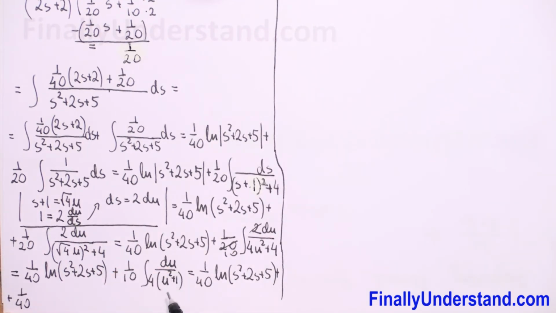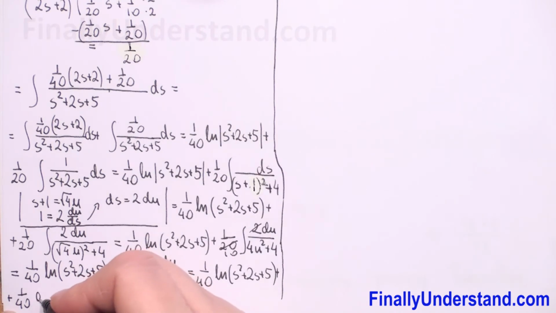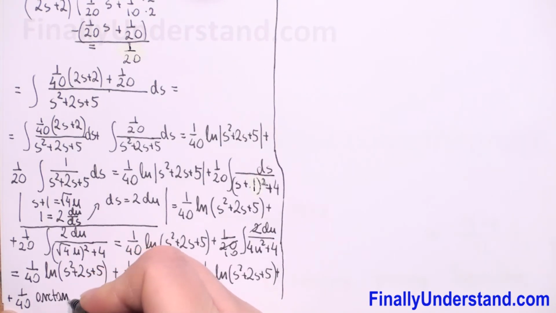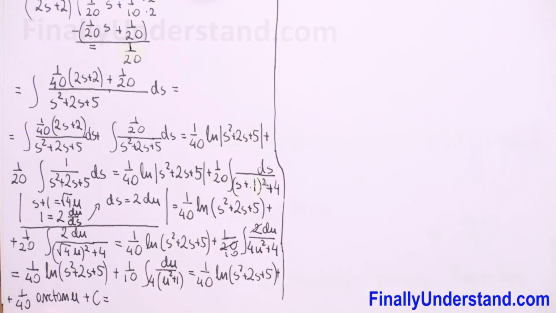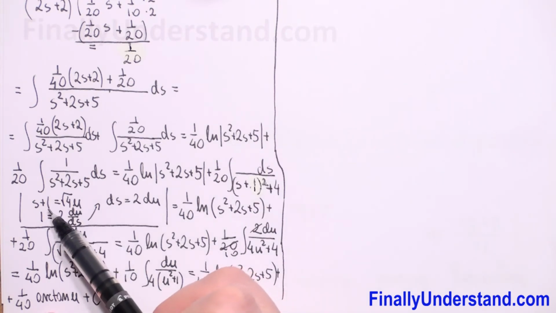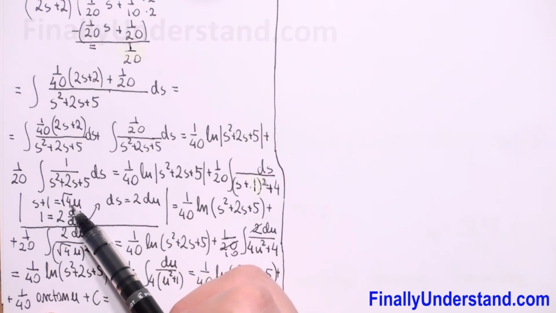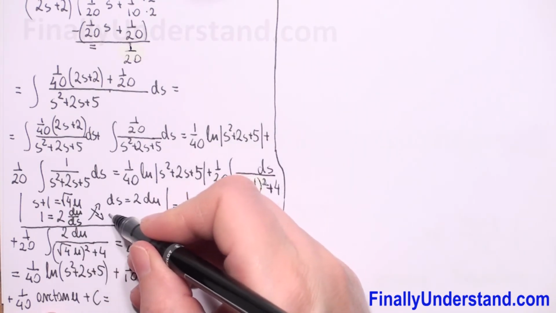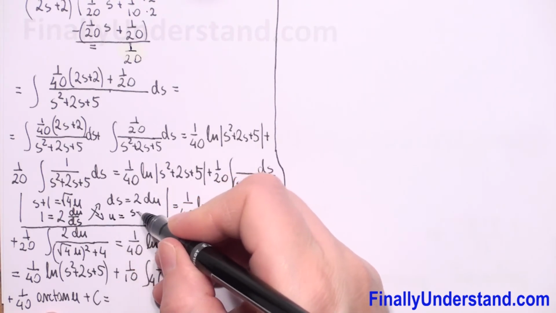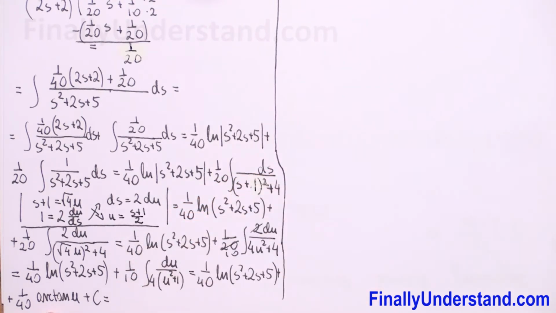The integral of 1 over u squared plus 1 is equal to arctangent of u. So I have to add a constant. So this is equal, u is equal: we have s plus 1 is equal to square root of 4 times u. So we can write that u is equal to (s plus 1) over 2.